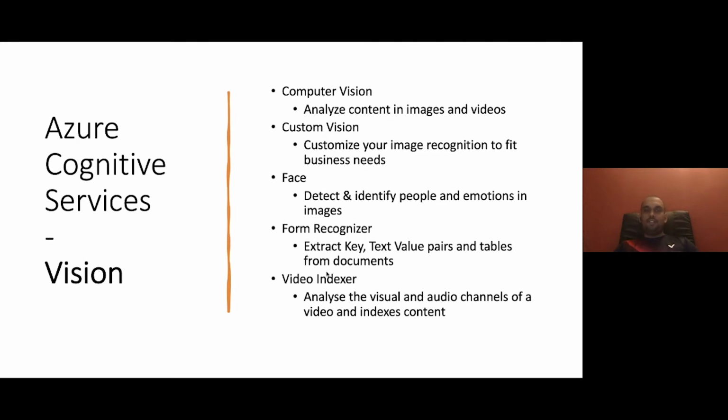Now, what is computer vision? As I said earlier, we do have two components that go together, the computer vision as well as the custom vision. Now in the computer vision, what it does is it analyzes an image or a video and provides the metadata related to that particular image or video, right?